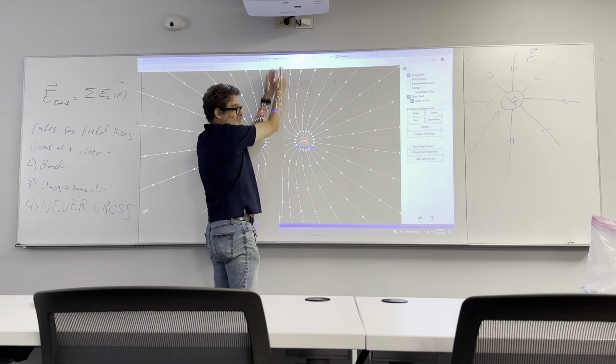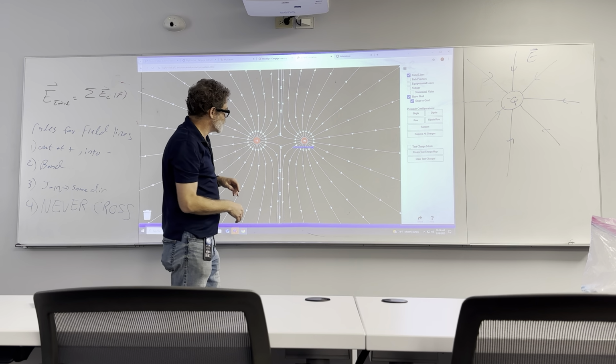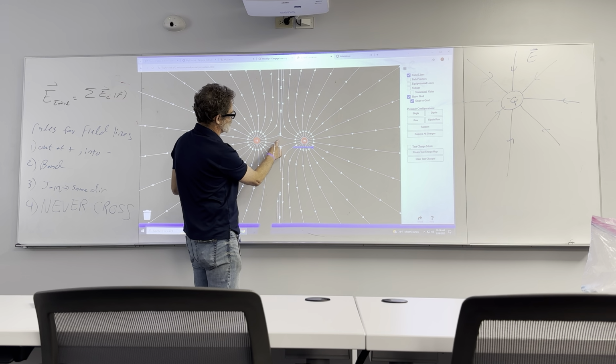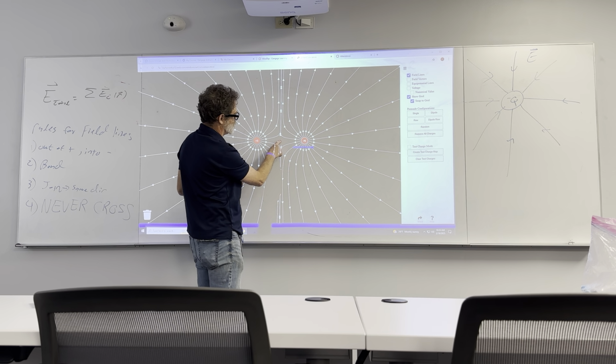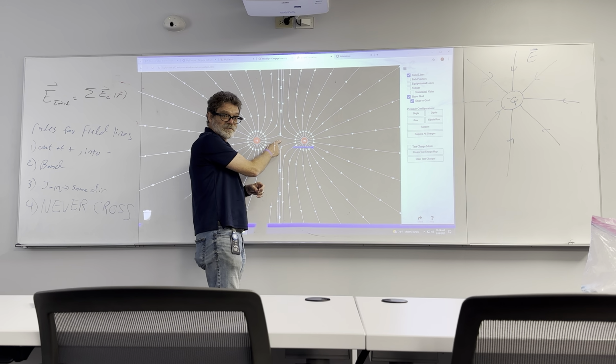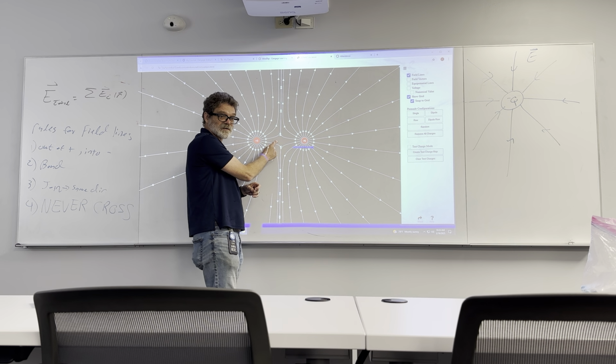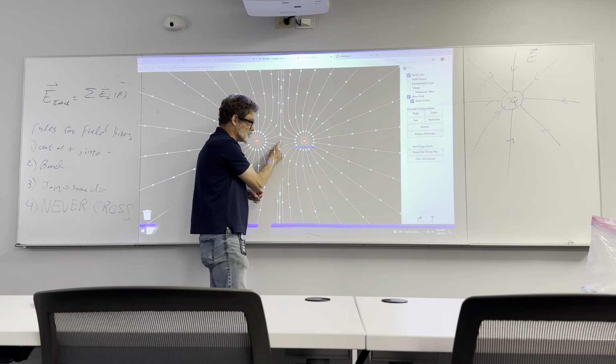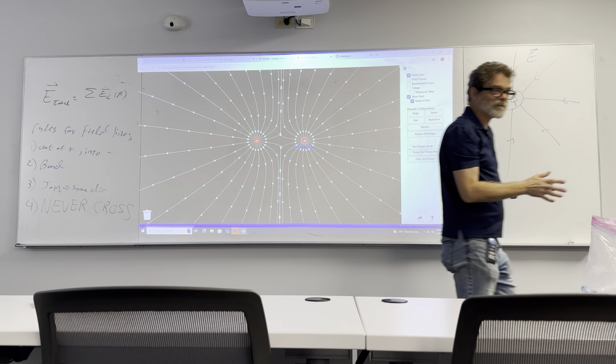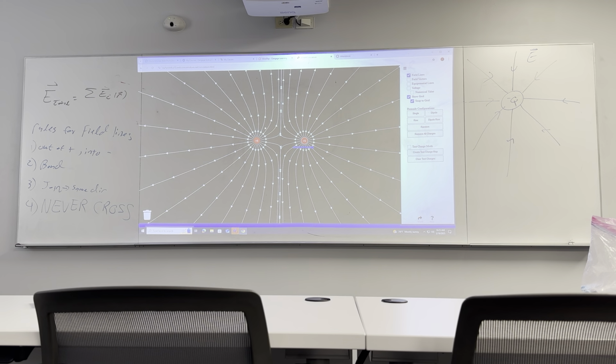So they have to get pushed. So notice right here, what do you notice right there in the middle? Empty space. There's no field. So what does that mean the electric field is here? Zero. There's no force right there. If I put a test charge right there in the middle, it wouldn't feel a force. Those aren't quite, no. Once they get on the lines, then they're going to go separate.